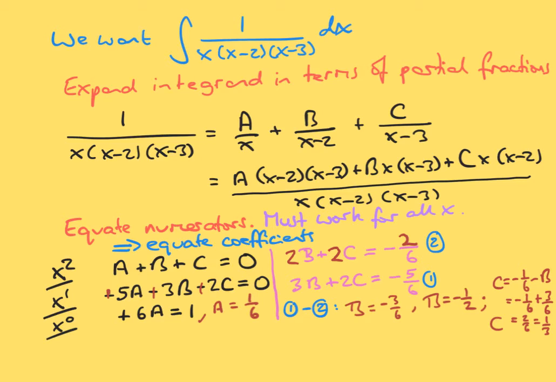And our partial fraction decomposition has the following form: 1 over x times x minus 2 times x minus 3 is equal to 1 over 6x, plus, minus, because b is negative, a half, and that's times 1 over x minus 2, and then it is plus 1/3 times 1 over x minus 3.